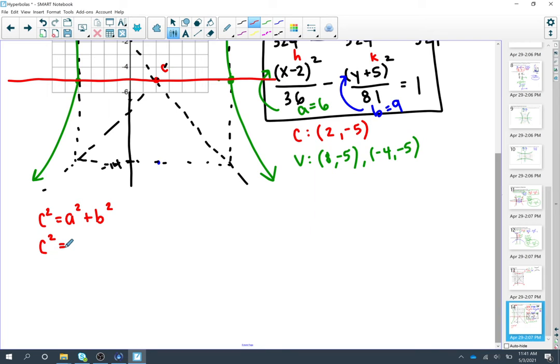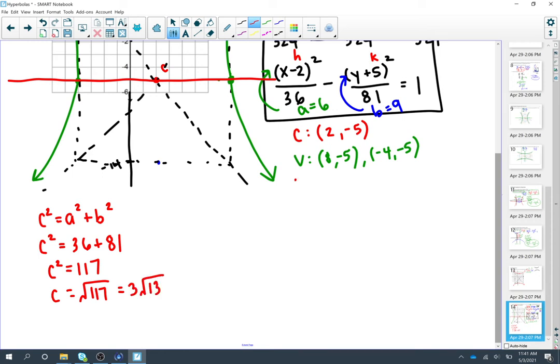A squared back from our equation was 36, plus B squared was 81. So C squared is 117. If we take the square root of that, we're going to get the square root of 117, which is actually 3 root 13.